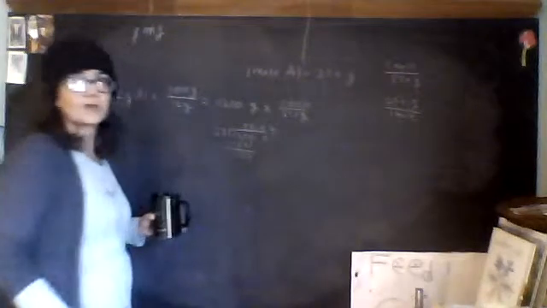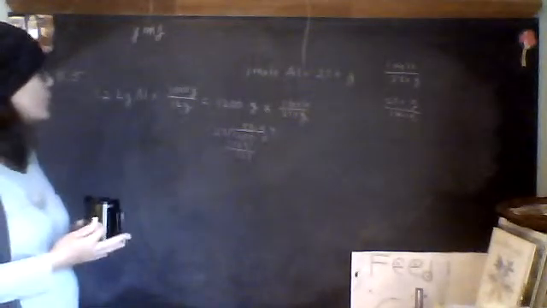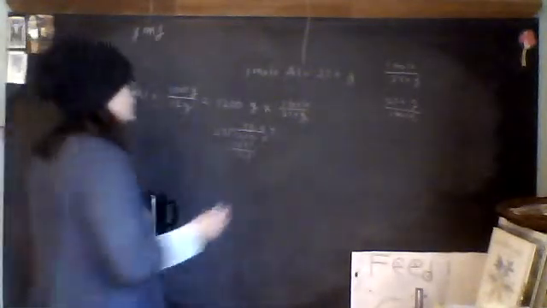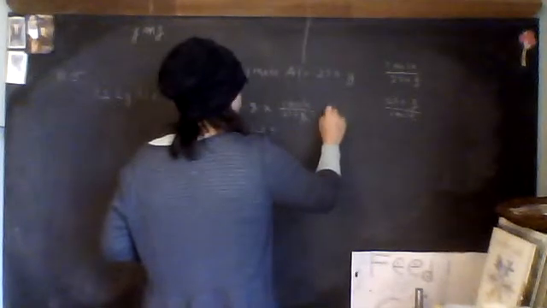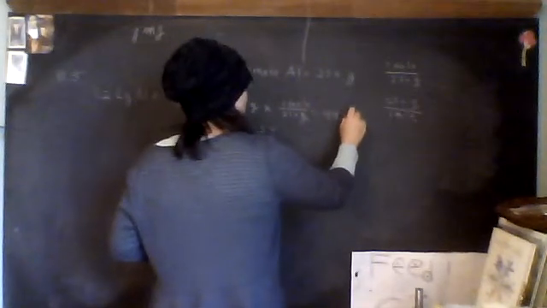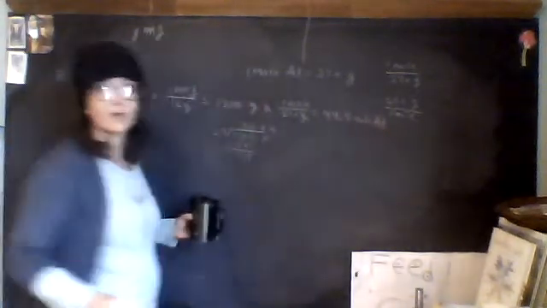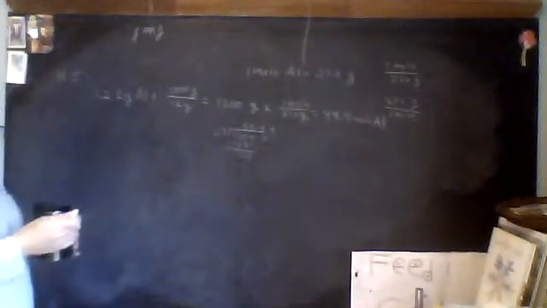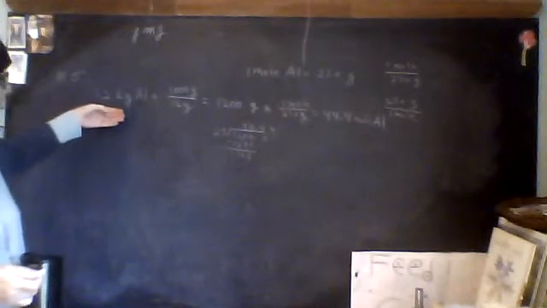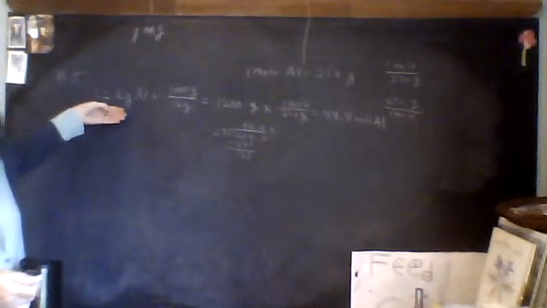It's going to be 44.444 repeating. So that tells me that I have 44.4 moles of aluminum in this reaction when I have 1.2 kilograms.